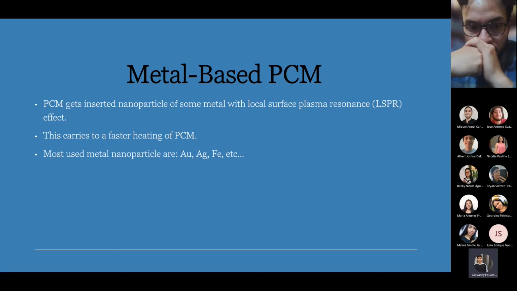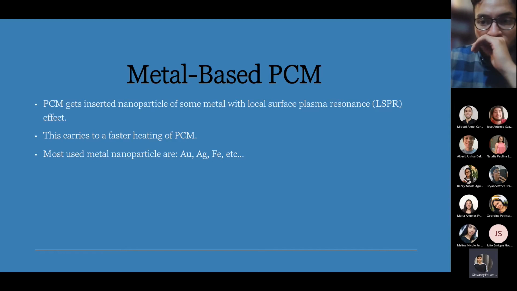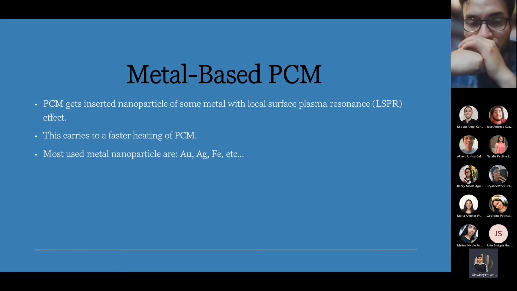This effect is a collective oscillation of the electrons at the metallic interface that takes place when the frequency of the light is the same as the frequency needed for the electrons to vibrate. So this resonance of all the electrons interacts with the electromagnetic field, making the free electrons in the metal vibrate.